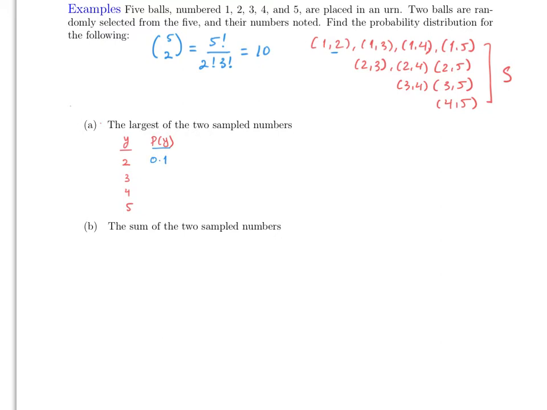The probability that the biggest one is 3, well, it will be this and that, which is 0.2. The probability that the biggest one is 4 will be this one and this one, that's 3, so that's 0.3. And the probability that the biggest one is 5 is 4, which are right here. This is 0.4. And again, notice this equals 1.0.